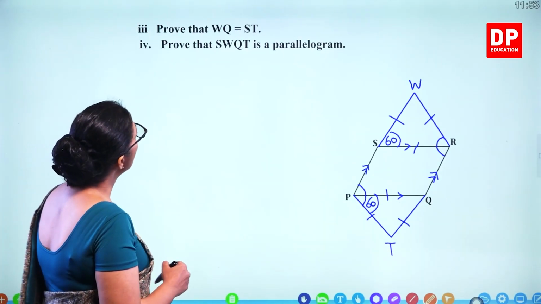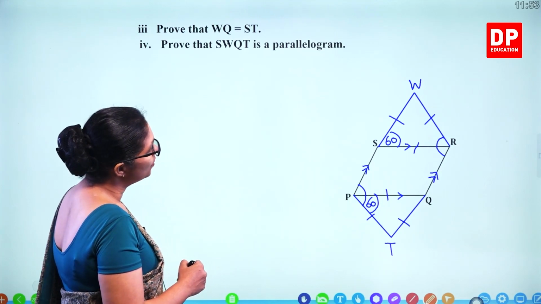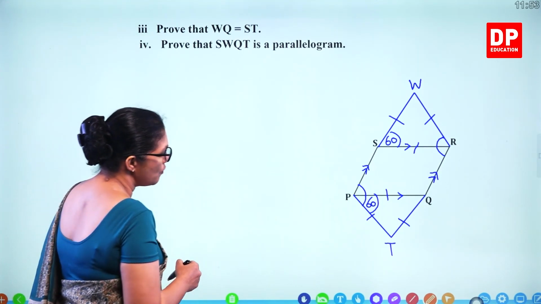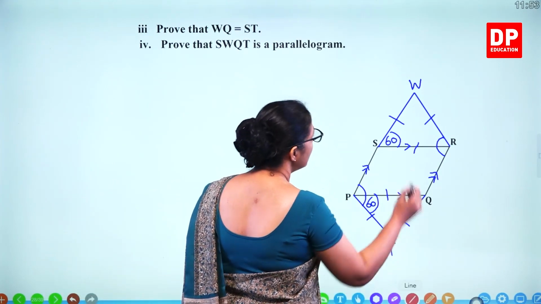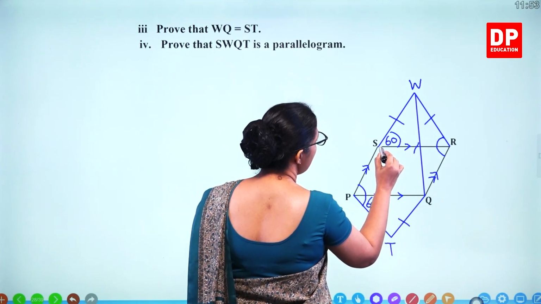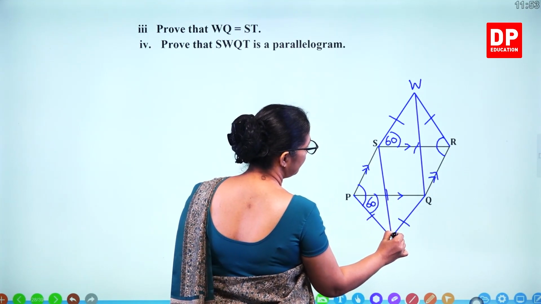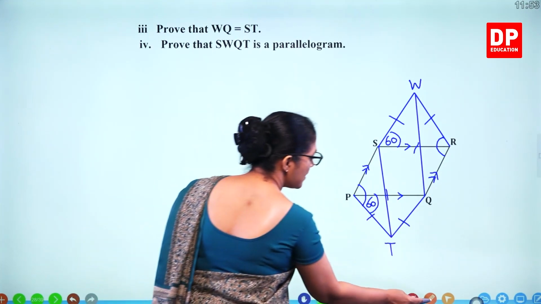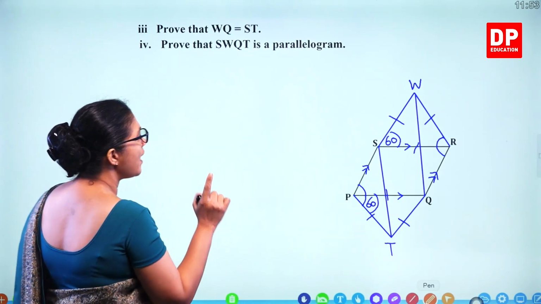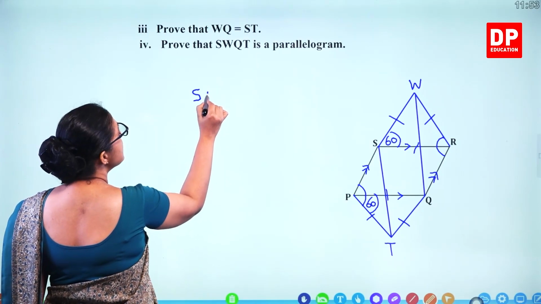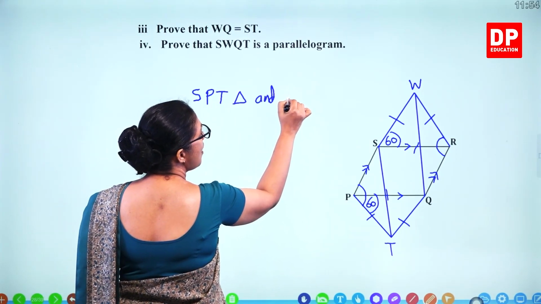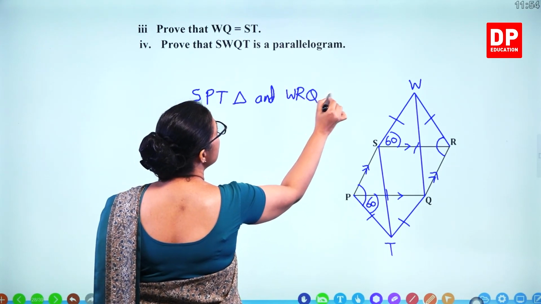And the next one, part 3, prove that WQ is equal to ST. So we'll draw the line first, WQ and ST. So we have to show that these are equal. So we'll take the two triangles, SPT triangle and WRQ triangle.